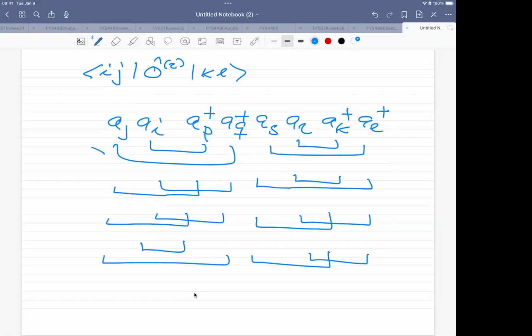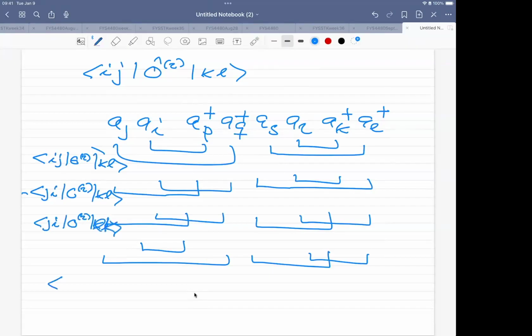So the one which we have here is going to give rise to IJ, the two-body operator, and then I have minus JI, the two-body operator, KL. This term is going to have a plus KL, now LK. And then finally, here we're going to have minus IJ of O_2 of LK, the two-body operator.